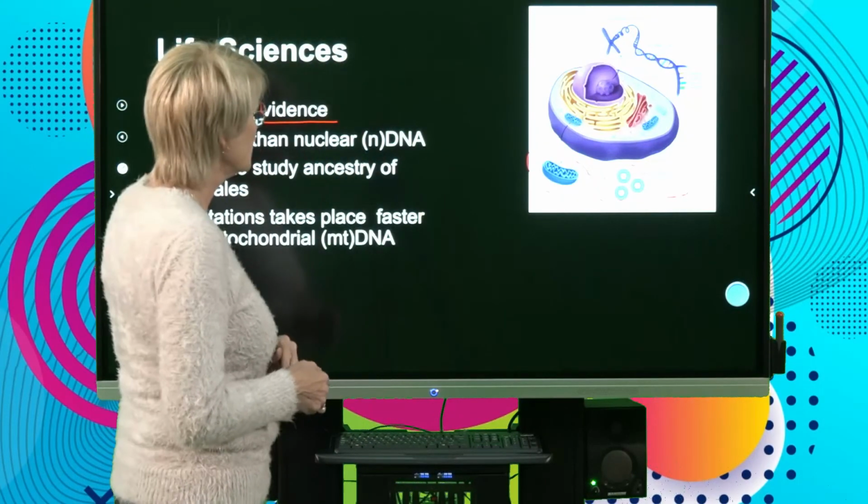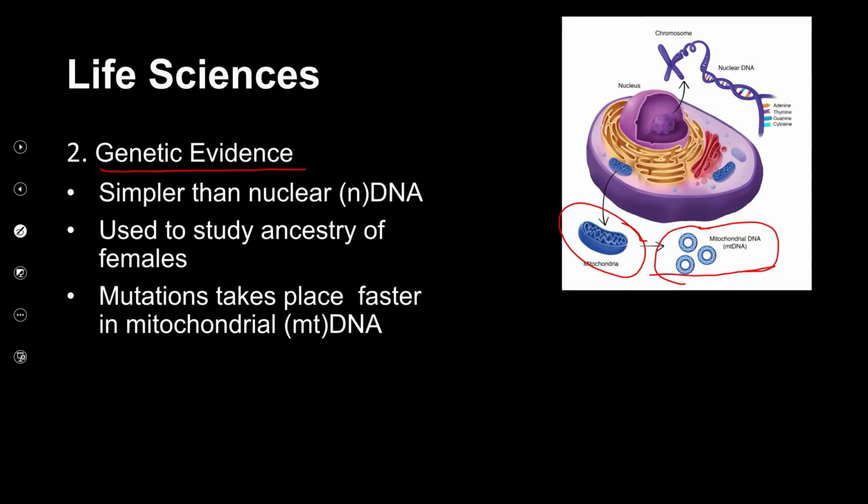So mitochondrial DNA comes from the cell, and it's much simpler, as I said, than nuclear DNA, and it's used to study the ancestry of females, because it is passed down from the mother. So mitochondrial DNA is passed down the maternal line.